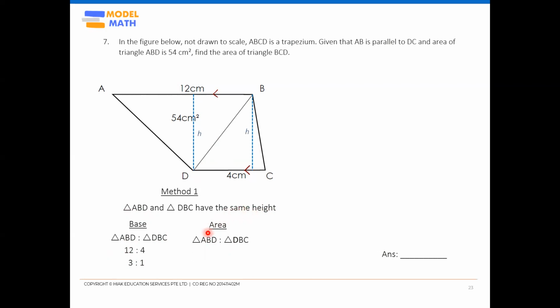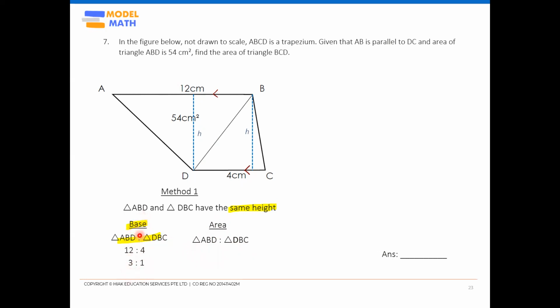Another reason why we create the area ratio is because we can use the same height to our advantage. Both triangles have the same height, but the bases are different. This means the area ratio will be in the same proportion as the base ratio.